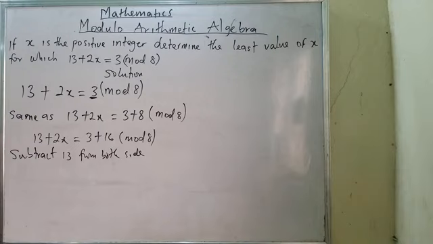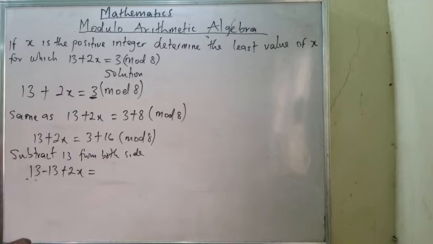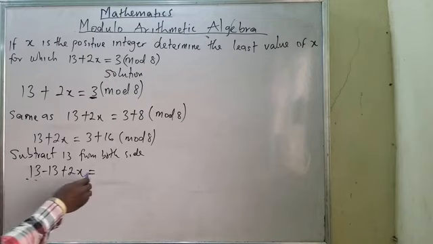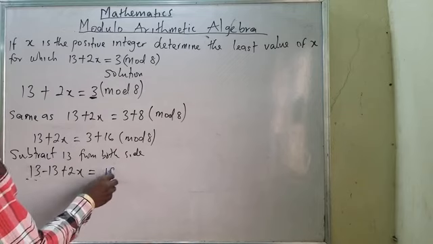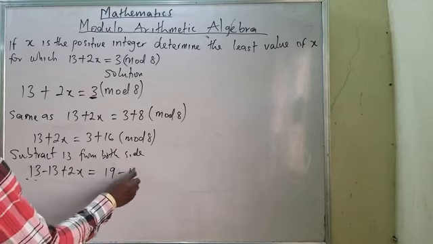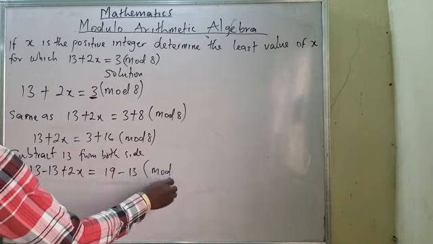Don't forget, I have 2x. If I take away 13 here, what I'm trying to say for those that are learning, 13 minus 13 plus 2x equals, I will also have it in the form of this, 19 minus 13, which I will have mod 8.